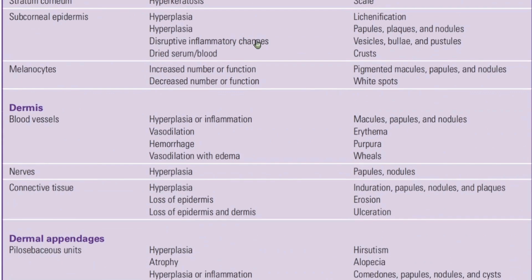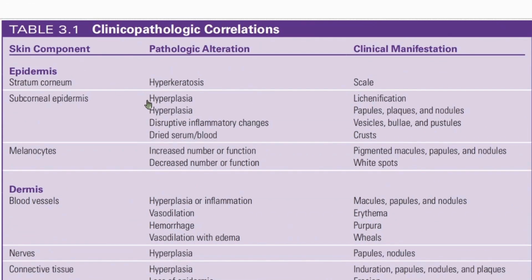Clinicopathologic correlations. We are going to talk about skin component, pathologic alterations, and clinical manifestation. In the epidermis, we have stratum corneum, subcorneal epidermis, and melanocytes. In the stratum corneum, the pathologic alteration is hyperkeratosis, and the clinical manifestation is a scale. In the subcorneal epidermis, we have hyperplasia, disruptive inflammatory change, and dried serum or blood.